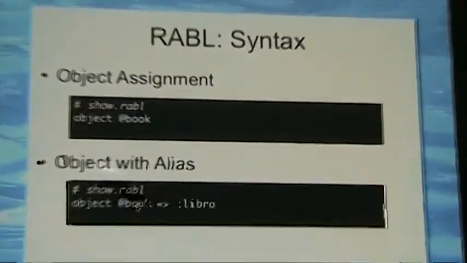Those are the basics. You can do an alias if you wanted to say like book libro or something, or let's say another word for book. Aklat. You can do that too.